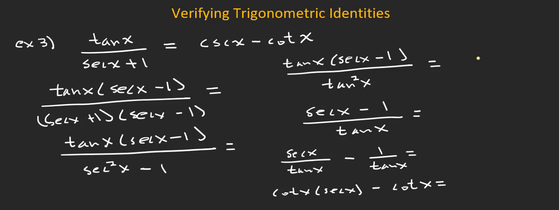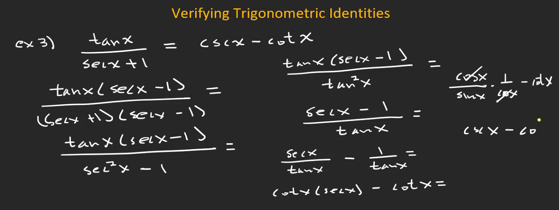Now let's simplify this. What is cotangent x? That's cosine x over sine x times secant x, which is 1 over cosine x, minus cotangent x. Cosine x cancels out. What is 1 over sine x? That's cosecant x. So you end up getting cosecant x minus cotangent x, and that's what we had to prove.